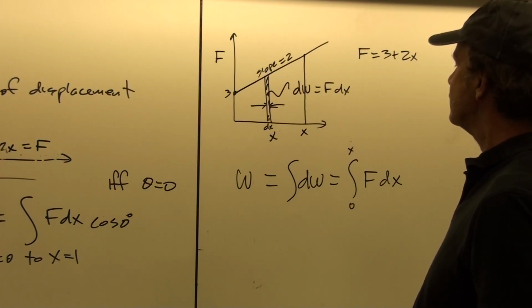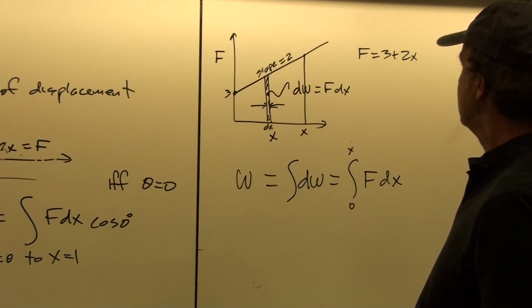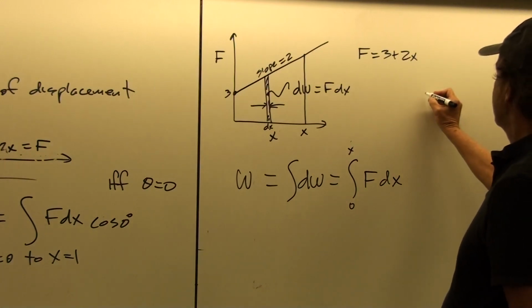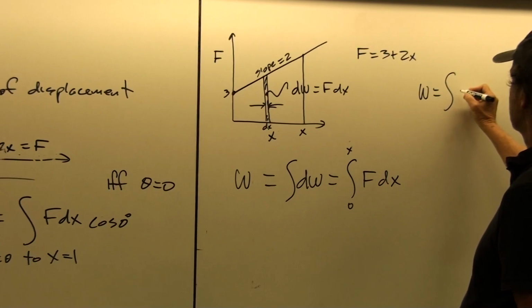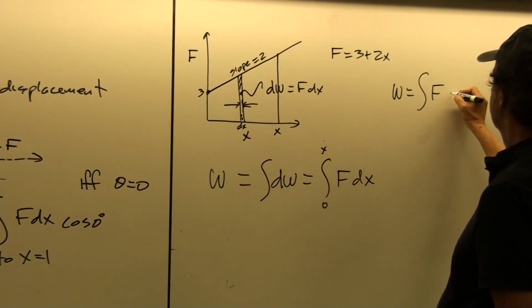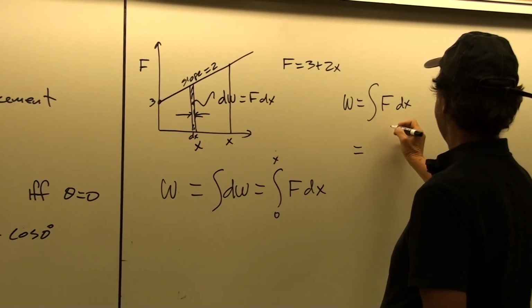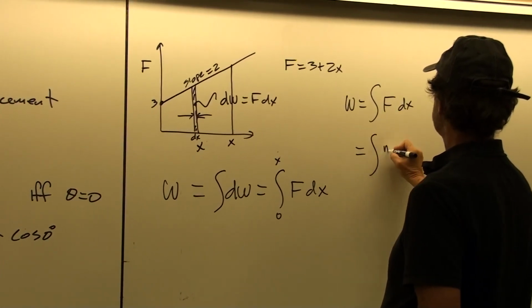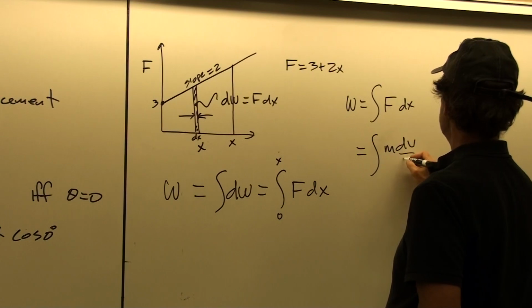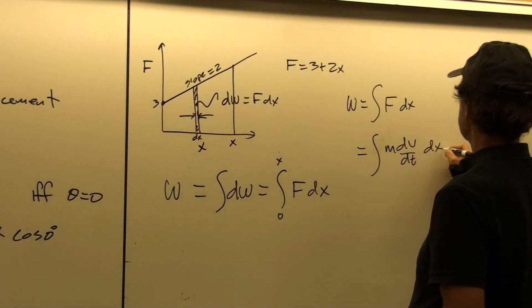And now how can we show that that's true? Well, we know that work is equal to the integral of F dx. And we can write F as m dv/dt times dx.